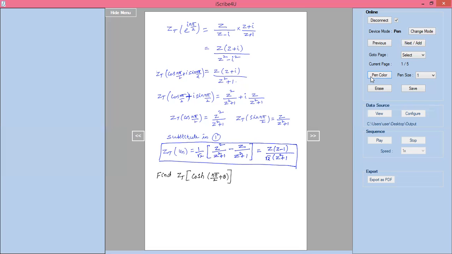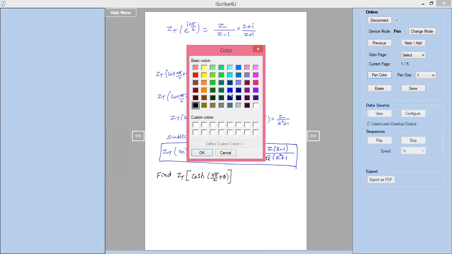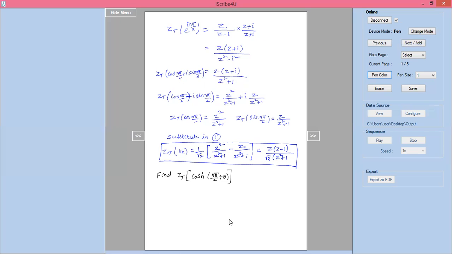Now, I'll take u n equal to cosh of n pi by 2 plus theta. Cosh x is nothing but, you know that, 1 by 2 into e power n pi by 2 plus theta plus e power minus n pi by 2 plus theta.